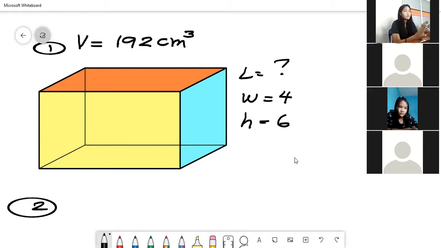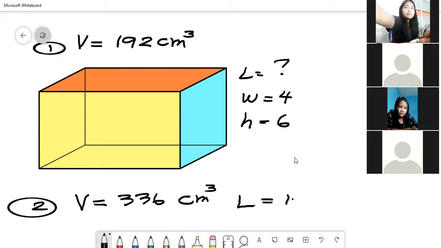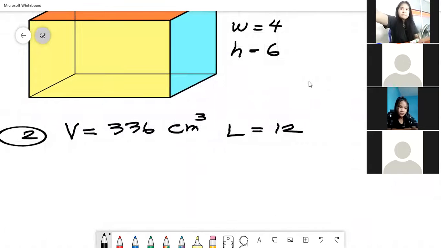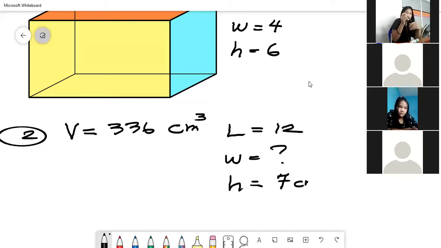For number 2, the volume is 336 cubic centimeters. The length here is 12. Question mark here is the width. And the height is 7 centimeters.